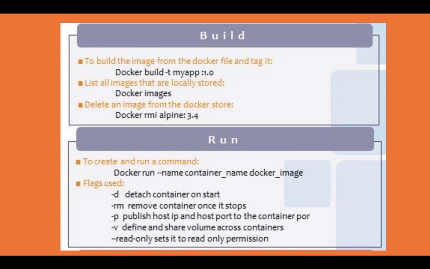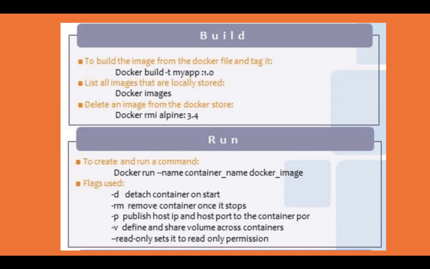The -t is for giving a tag name. So on the first command, you can see we are creating a Docker image using the docker build command.